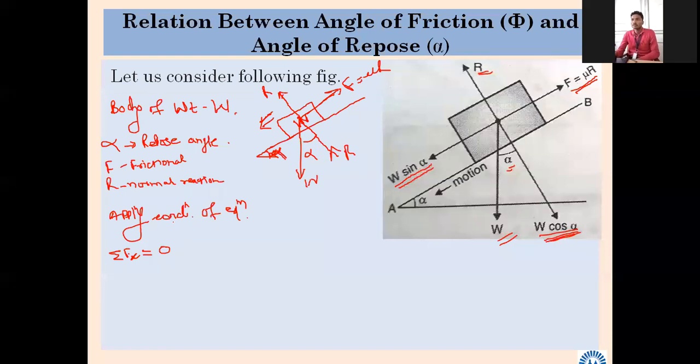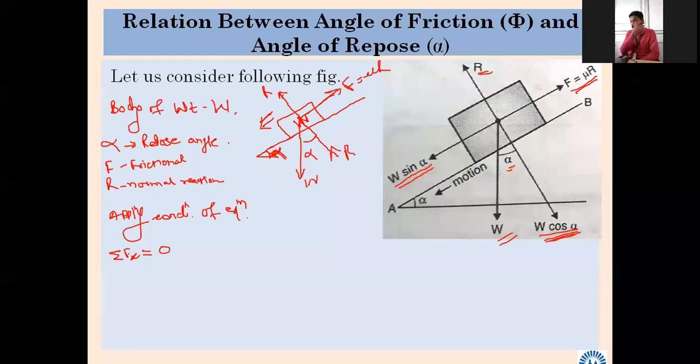Along the surface, already we know. Now which will be plus and which will be minus? The forces going downward, whether we take plus or minus, and the forces going upward. Downward only two, negative, and upward positive.